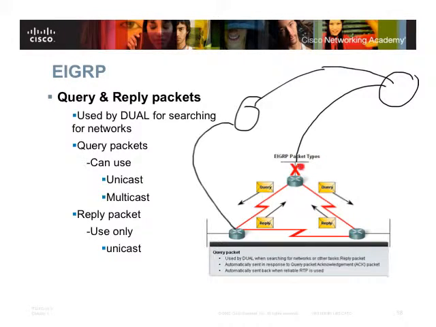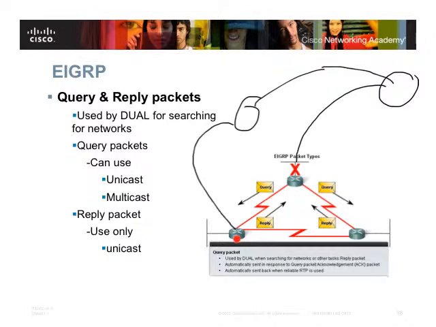Or if a network goes down and you still want to get to this network because you have removed the route from the routing table, in that case, you send a query to all the neighboring routers to ask them, do you have a route to this destination network or not? Okay.